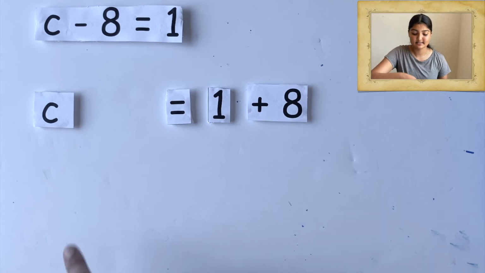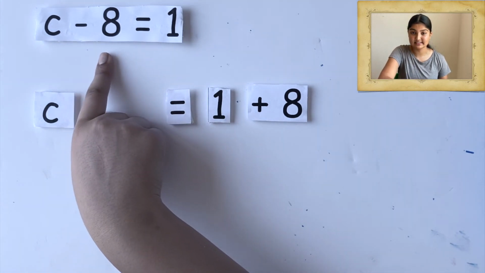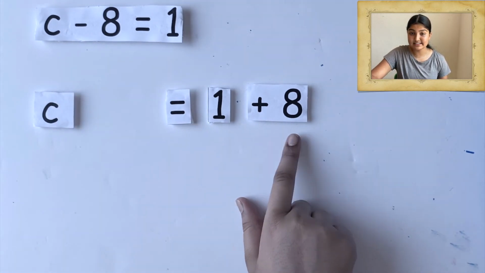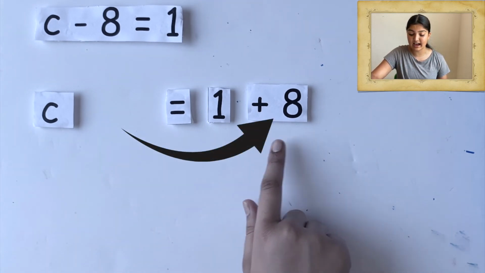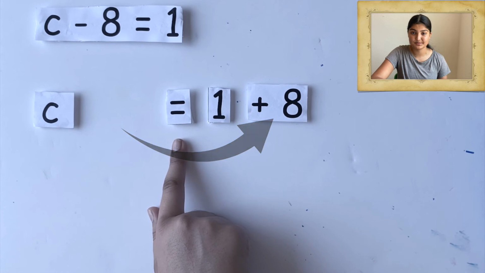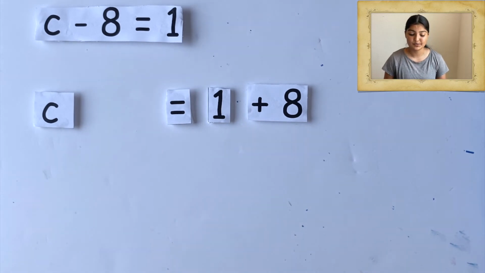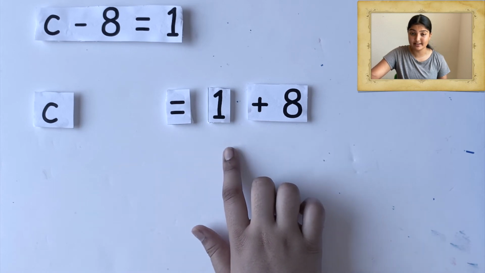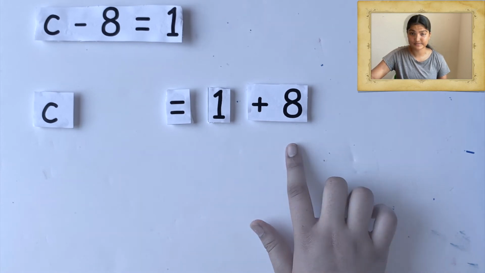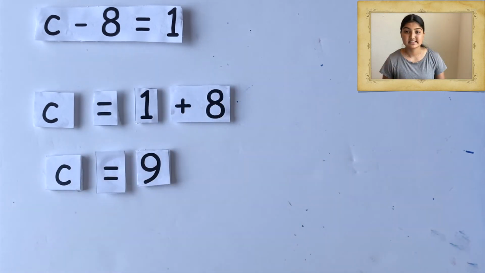Notice how negative 8 became positive 8 when we moved it to the other side of the equal sign. So, c is equal to 1 plus 8, or c is equal to positive 9.